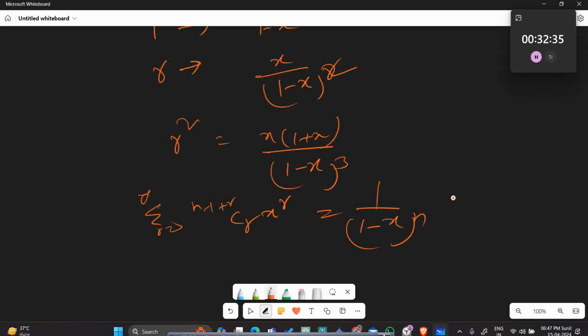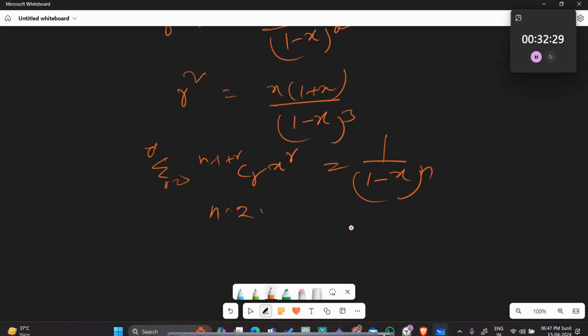Now n is equal to 2 here, 2 minus 1 plus r C r, 1 plus r C r is like r only.